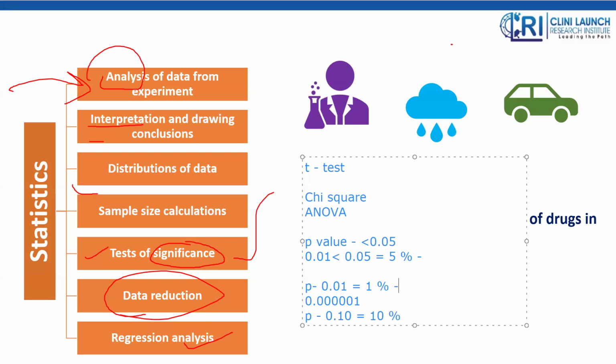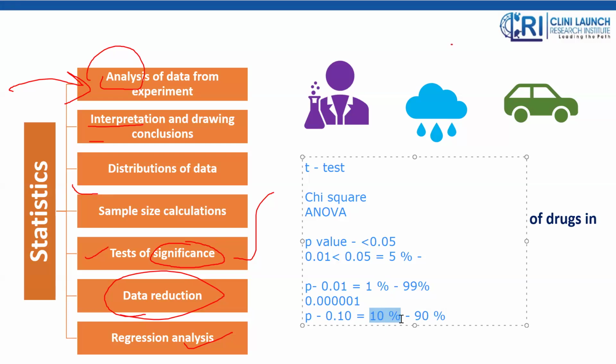Similarly, 1% means 99% my data is showing a significant result, and only 1% probability that the entire sample might not show a significant result. Like that, 10% means 90% of my data is showing significant result, and 10% of my entire sample might not show a significant result.